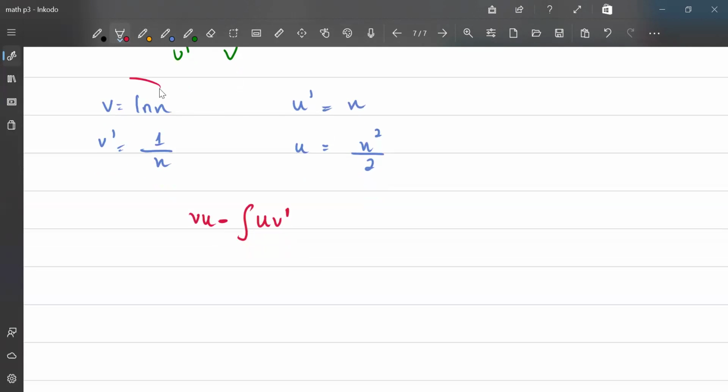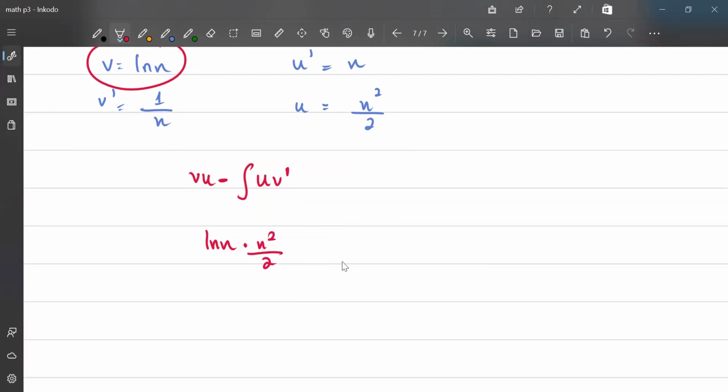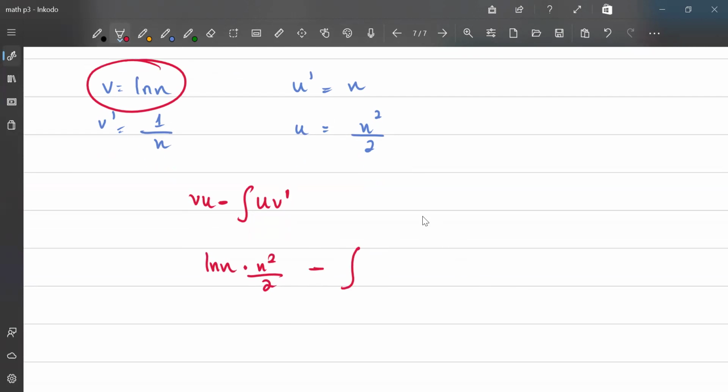All right, so we have v, which is ln x, and u, x squared upon 2, vu, minus integral of u v dash. So we have u and v dash is 1 upon x.